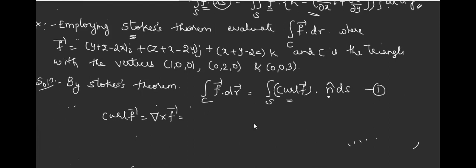Now, how to find the cross product in terms of a determinant? First row is i j k. What is the second row? The i j k coefficients of del. Hope you remember them. What do I have to write in the third row?